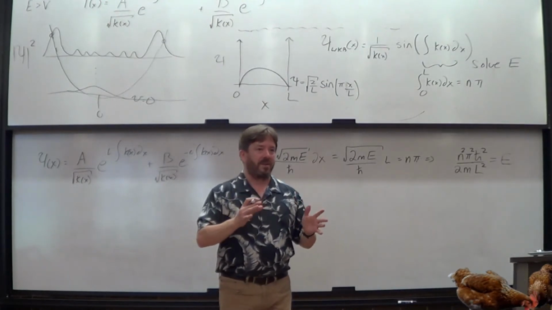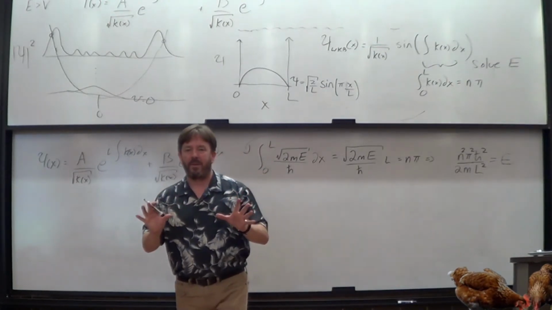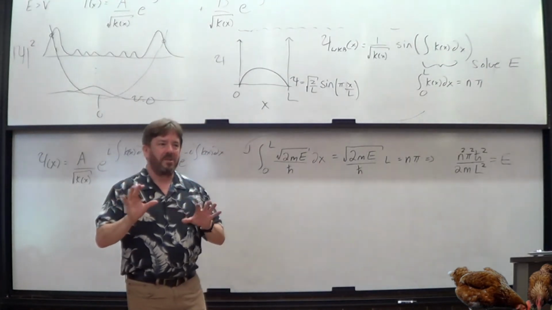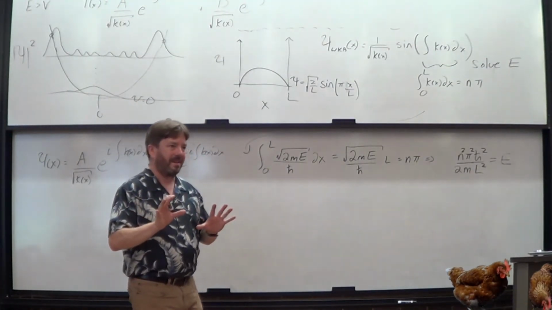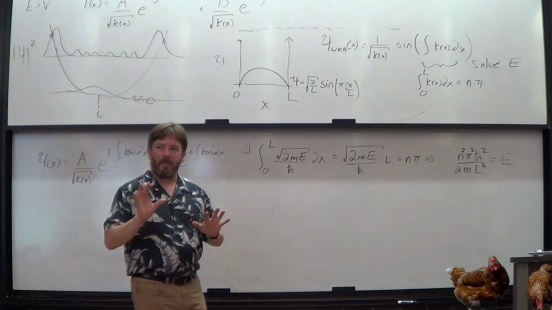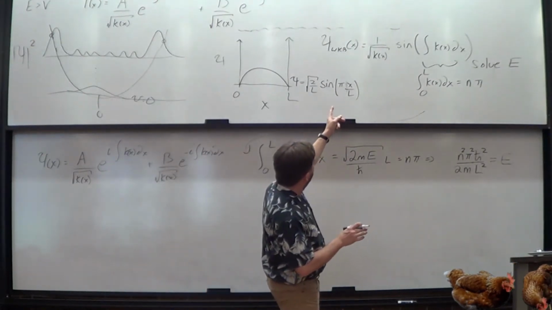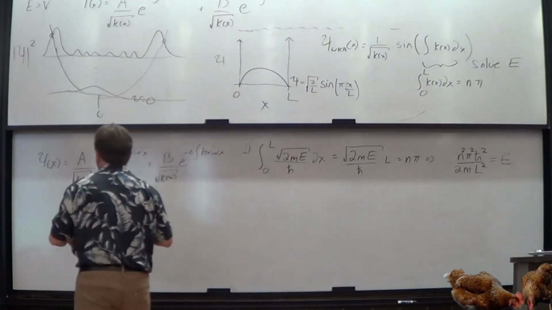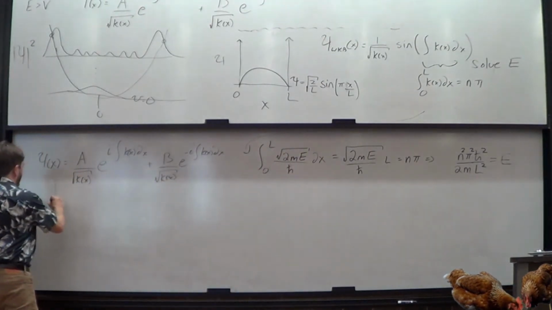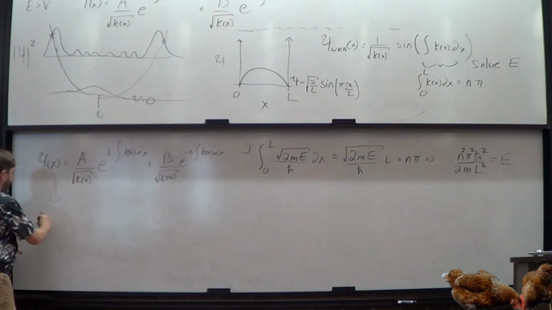Now, here's one of the solutions. I want to see if you can figure it out, but I want to point out that you get the energies from boundary conditions, right? You get it from a boundary condition. Now, therefore, psi WKB of x is equal to what?